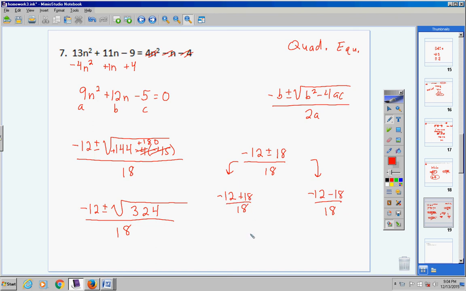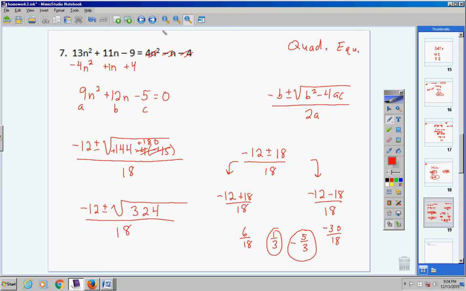Negative 12, positive 18, that's 6 over 18. That's 1/3. That's one answer. Negative 12, negative 18 is negative 30 over 18. That's a negative 5. Let's see, 5/3, negative 5/3. 6 goes into both of those numbers. And there's your answer. Okay, guys?